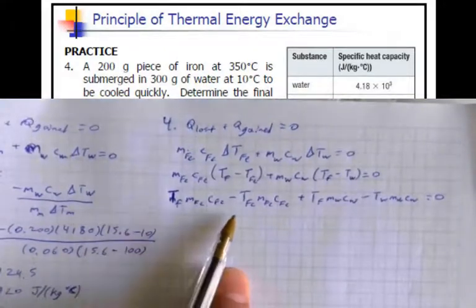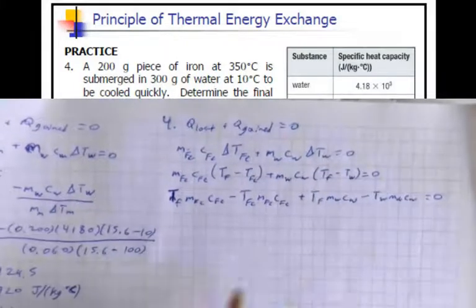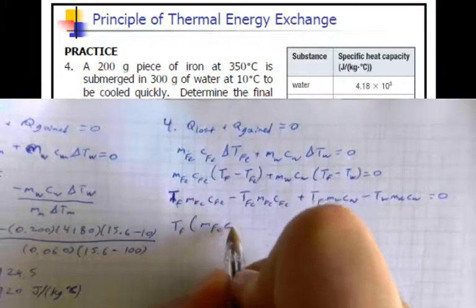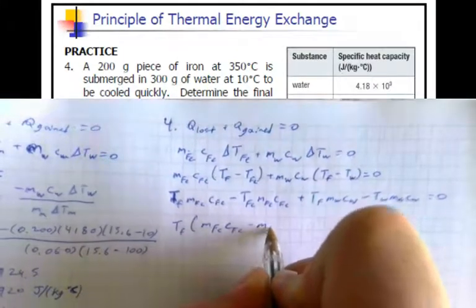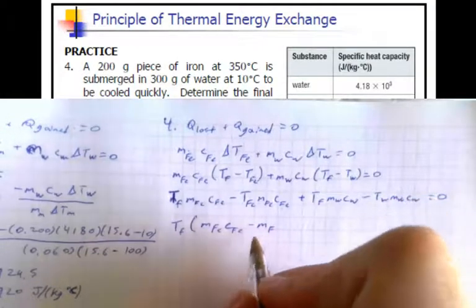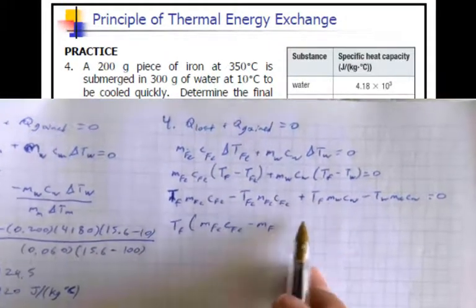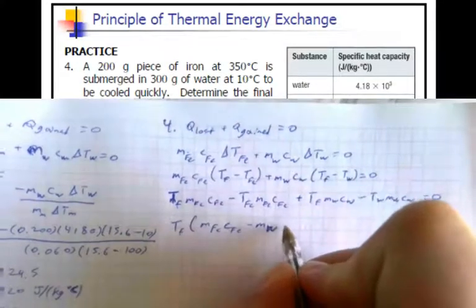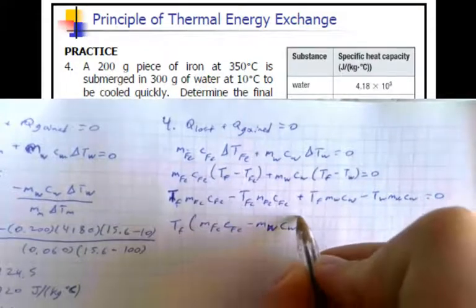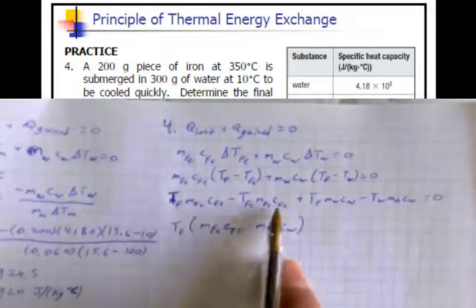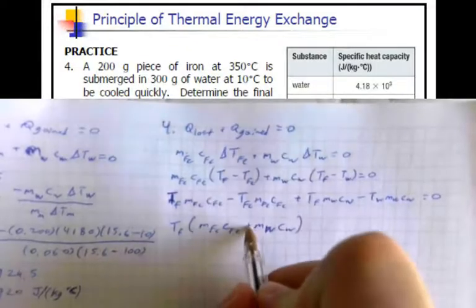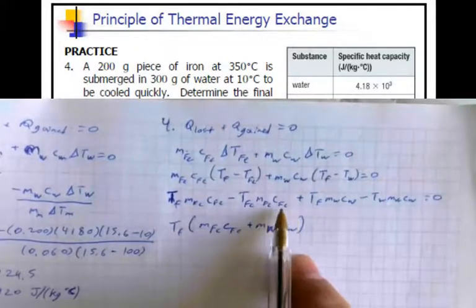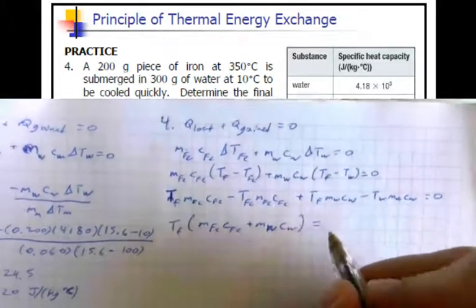Now I have to factor this out, and I'll move these two to the other side of the equation. TF is MFe CFe plus MW CW. So this is the TF I'm factoring out, and it's actually plus, not minus. This term plus that term. And then here, these two minuses are going to move to the other side. They're going to become positives.